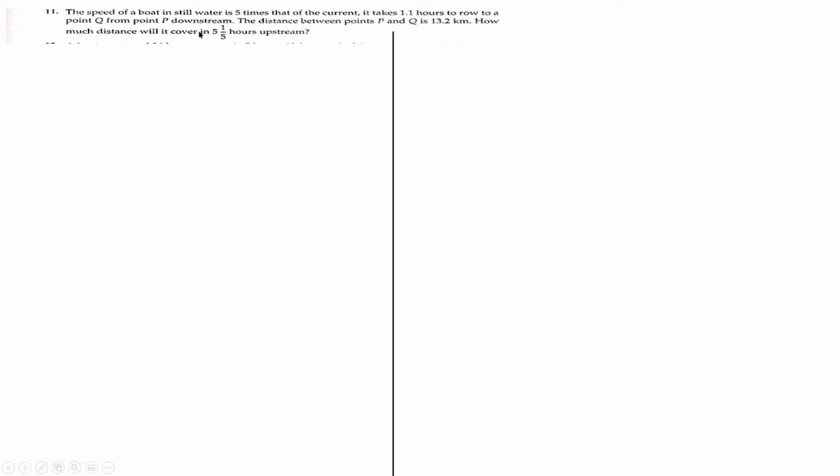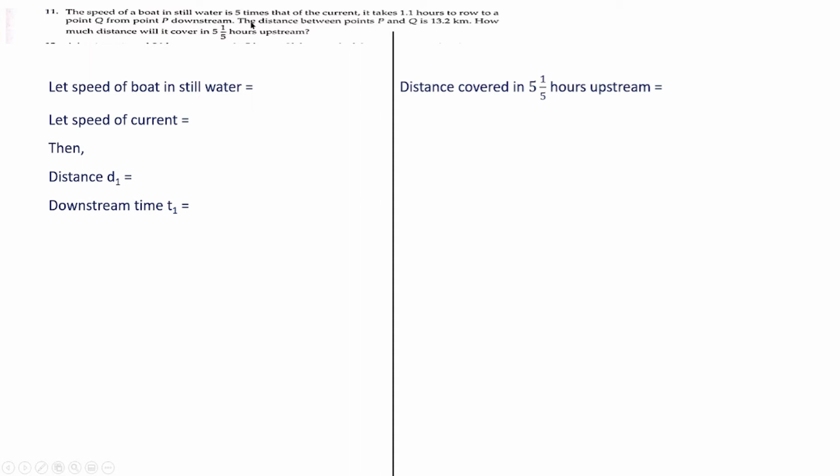So here the speed of the boat in still water is 5 times that of the current. Let us take the speed of the boat in still water as x and the speed of the current as y. It is given that the speed of the boat in still water is 5 times that of the current, so we have x is equal to 5y. Then we have 2 points P and Q, and the distance is 13.2 kilometers.